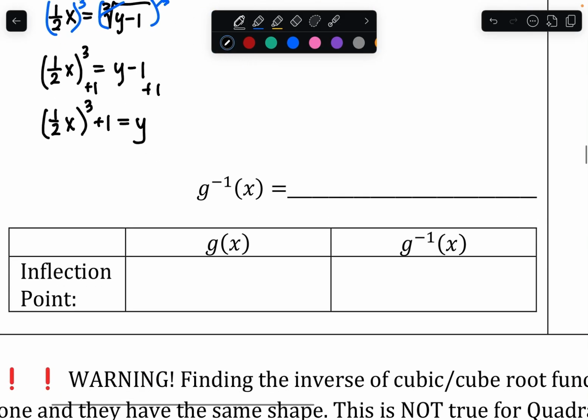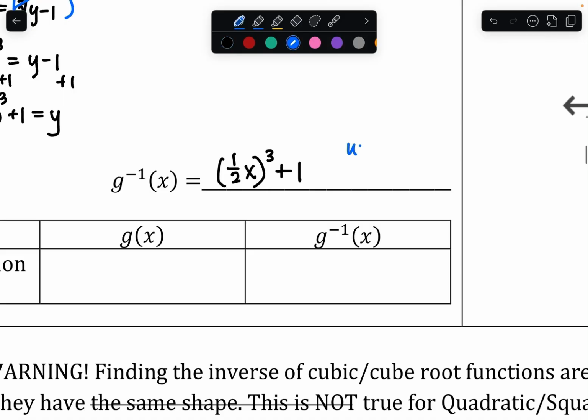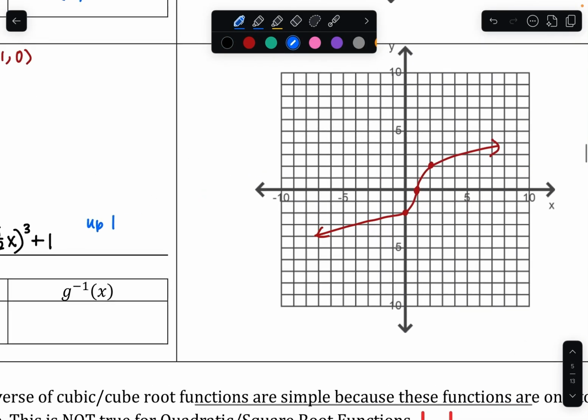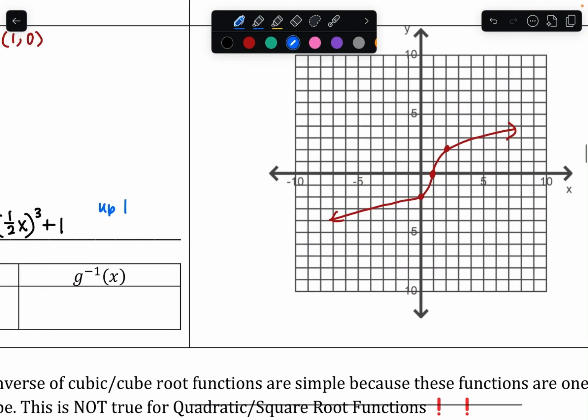Okay, and so our final answer is 1/2 x cubed plus 1. And this has only been moved up 1 with a horizontal stretch by 2. Okay, and so we're going to start with the inflection point, which would now be at (0, 1).